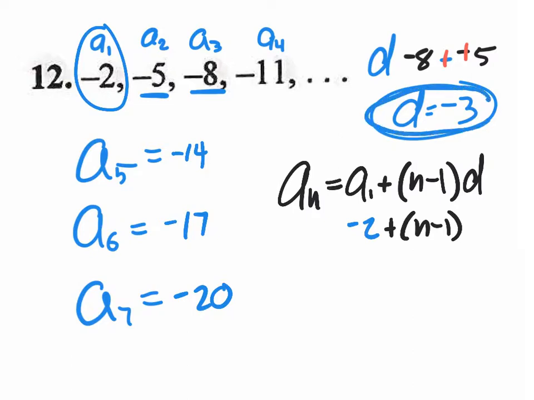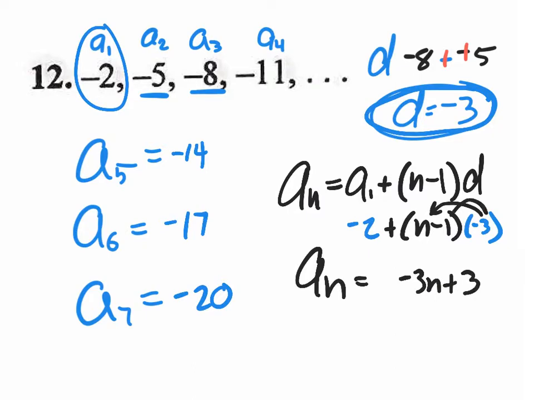You distribute: negative 3 times n is negative 3n, negative 3 times negative 1 is positive 3, and of course there's a negative 2 out in front. Combine the like terms, negative 2 plus 3 is positive 1. So your a sub n equals negative 3n plus 1.